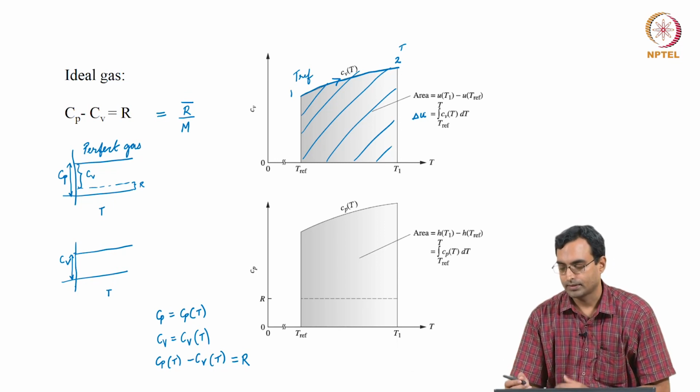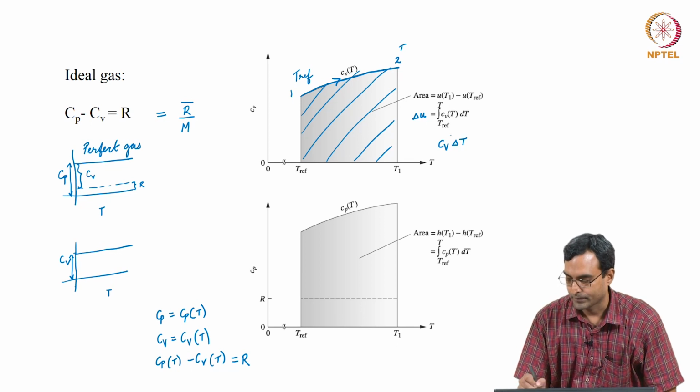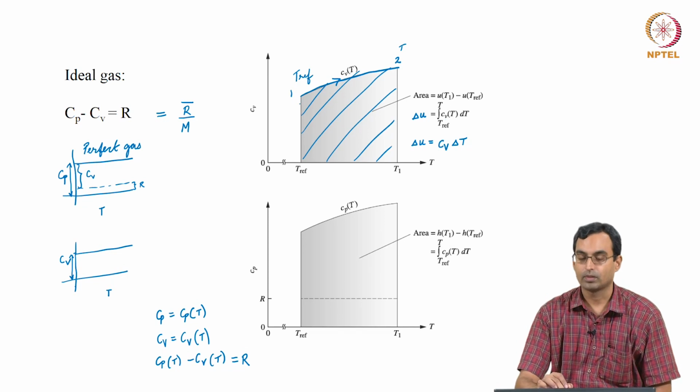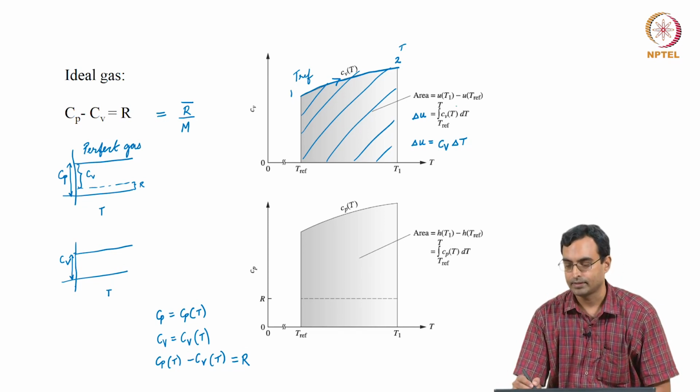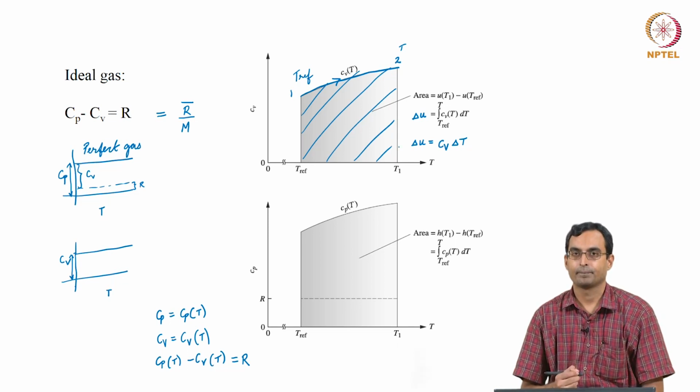If Cv was a constant, I could just write this as Cv times delta T, which is what we are usually used to doing. If Cv was not a constant, I would need to know the functional variation so that I can integrate it, but the integral would still represent the change in internal energy.